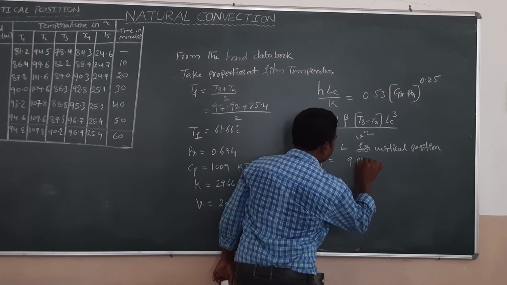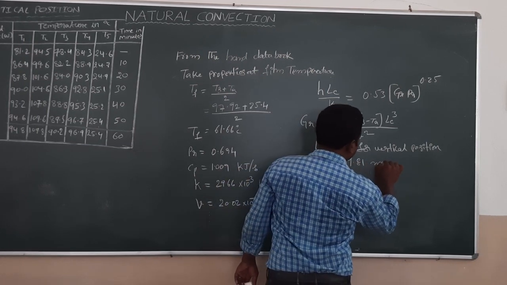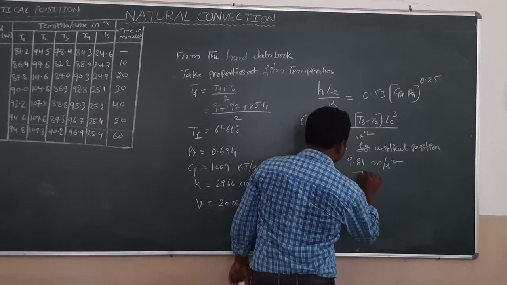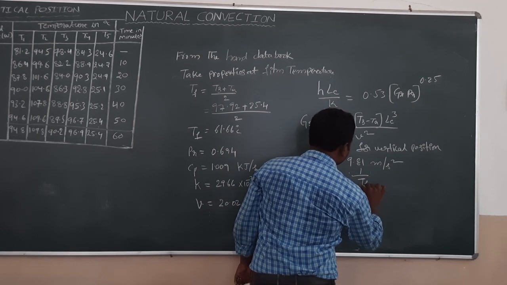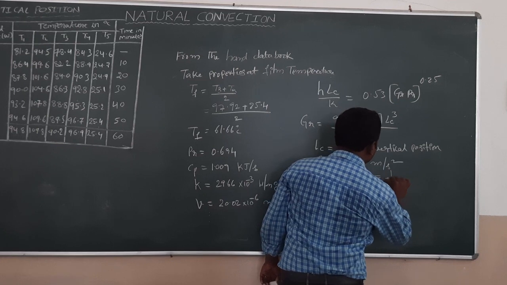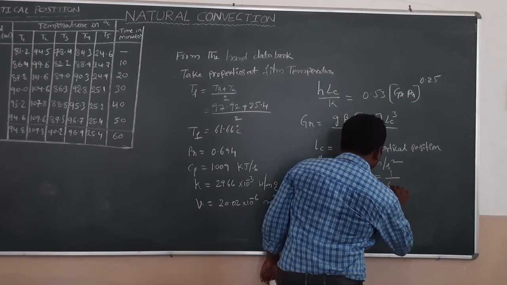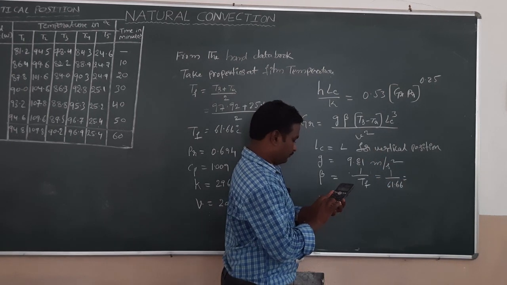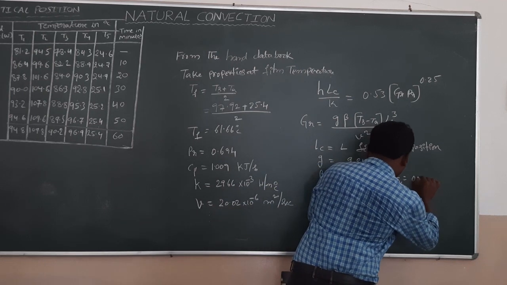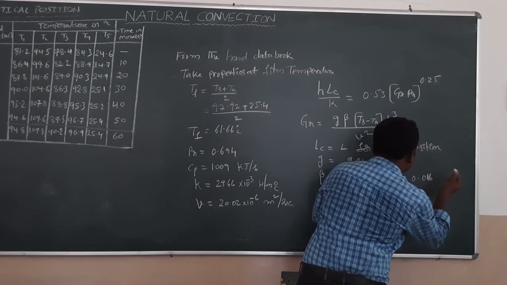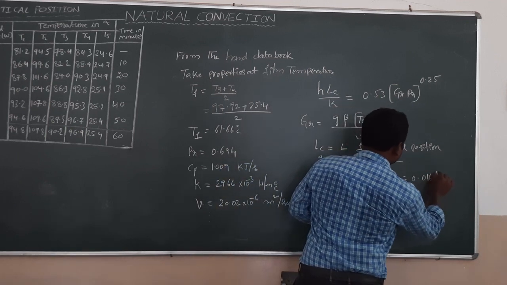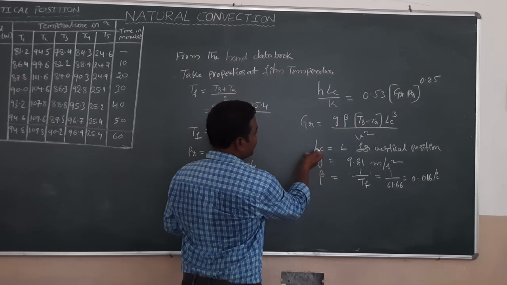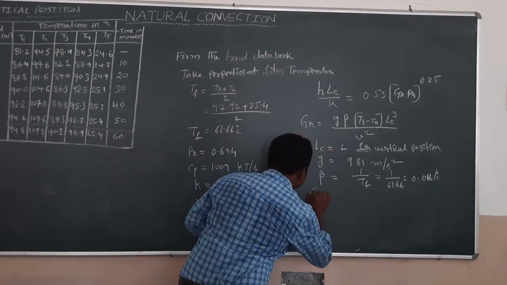We know that value, 9.81 meters per second square, and beta is the inverse of film temperature, so that equals 1 by 61.66, which is 0.016 per degree centigrade.